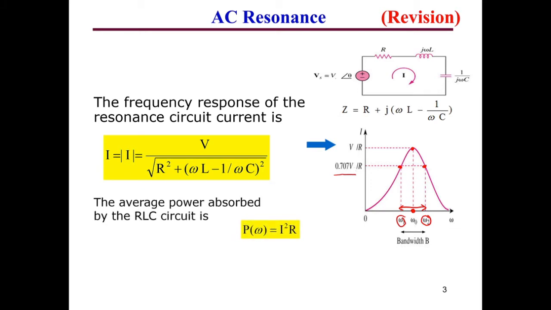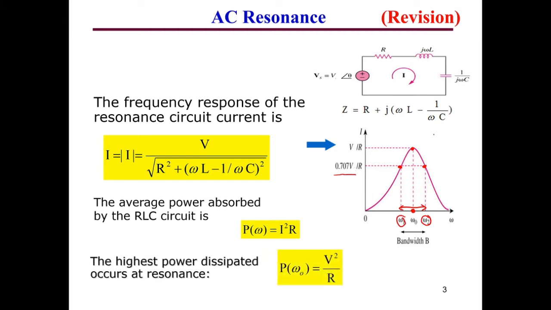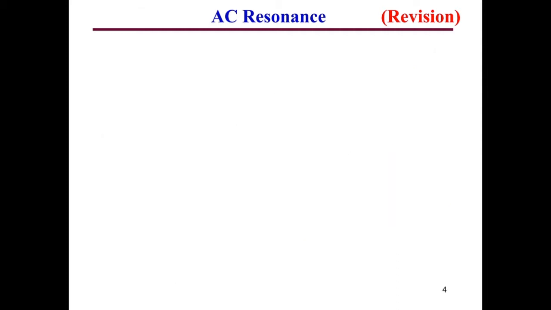Okay. So of course, again, the average power at that point will be I squared R, or V squared over R, which is the power at the peak current.